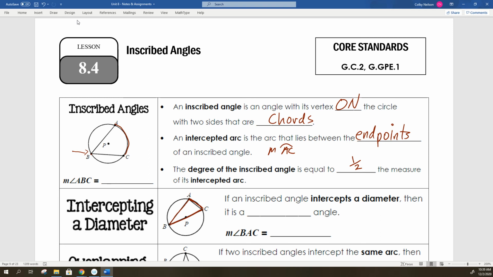And what's a 90-degree angle called? Right, it's a right angle. So if your inscribed angle, following along the chords, has endpoints that form a diameter, you should have a right angle, which is 90 degrees. So what is the measure of angle BAC? 90 degrees. So wonderful.